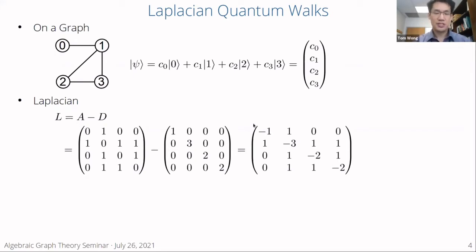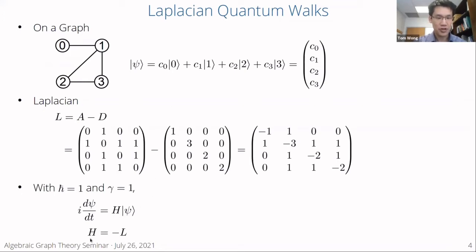And so a Laplacian quantum walk is just evolution by Schrodinger's equation with this Laplacian and with this type of state. That's just a vector. And so to write things a little more cleanly, we're going to work in units where h bar is equal to 1, and we're going to set gamma equal to 1 as well. And if we do that, Schrodinger's equation is now i times the time derivative of the state is equal to H times your state.